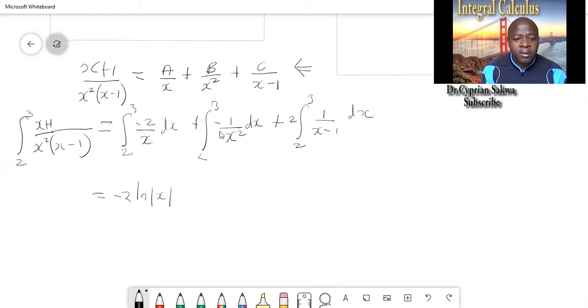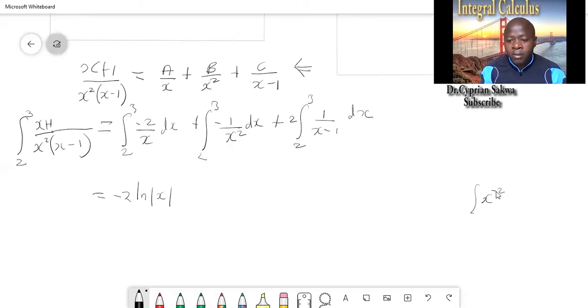But then what about this? This one you can write as x raised to negative 2. When we're integrating this, we add 1 to the power and then divide by the new power.